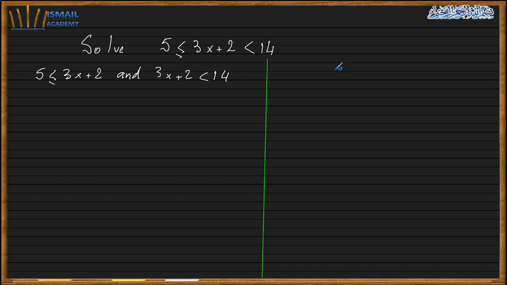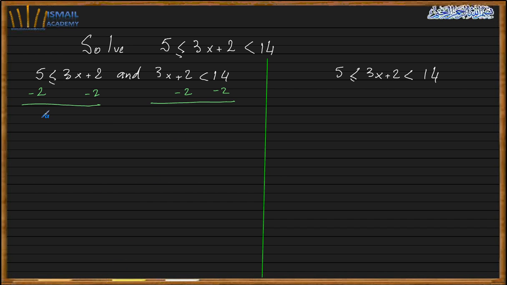The second way is I solve both in the same inequality. I solve this compound inequality one time. I don't separate anything. I keep it as it is. So here we have two steps in the inequalities. So we minus 2 from both sides. Here I minus 2 from both sides.